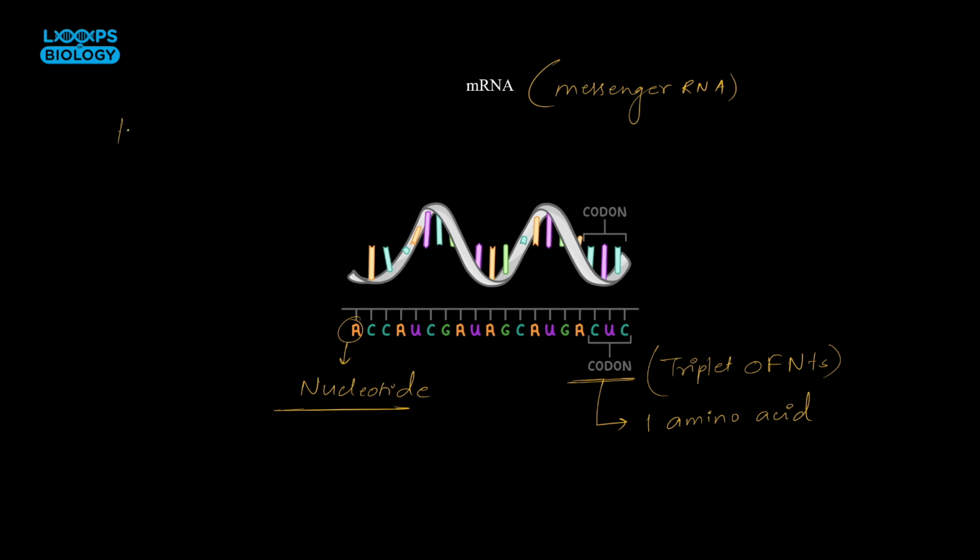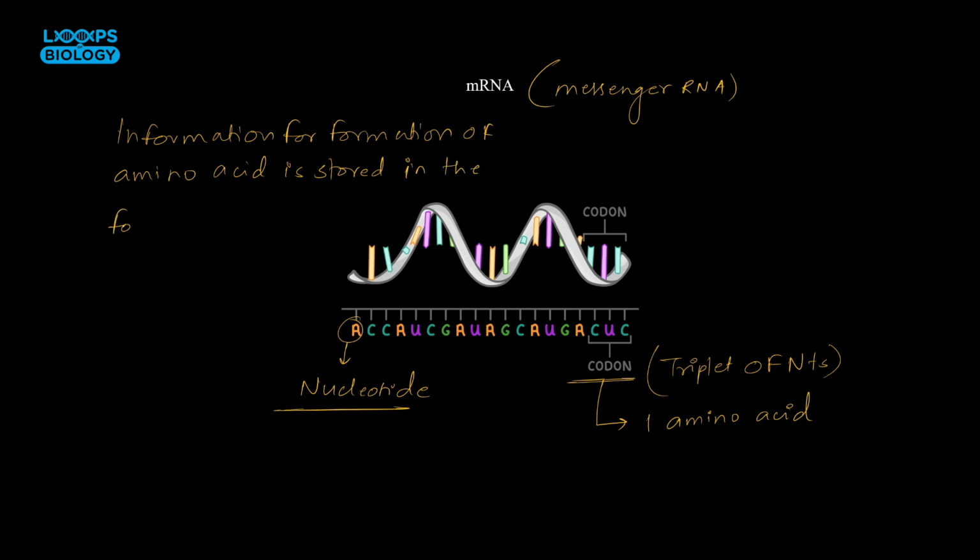The information for formation of amino acids is stored in the form of code, which is basically called mRNA. So mRNA carries a message in the form of code.